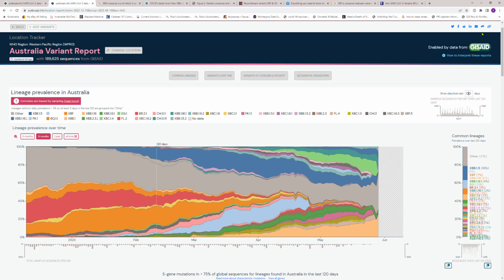Don't worry about it. But 200 people are dying every week. Now, that means in 5 weeks, as many people die from COVID as die on the road in 5 weeks. And these variants are mutating faster and faster and faster, and we just get wave upon wave upon wave.